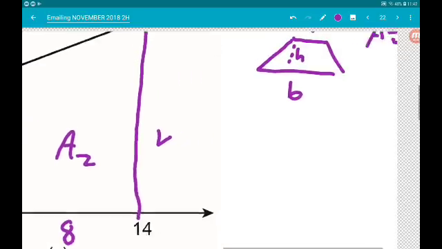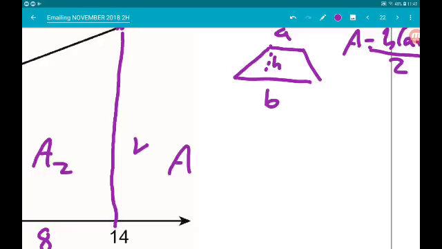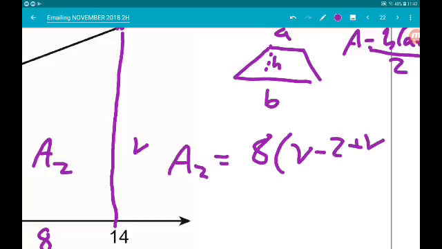So A2 is 8 times v minus 2 add v all over 2.